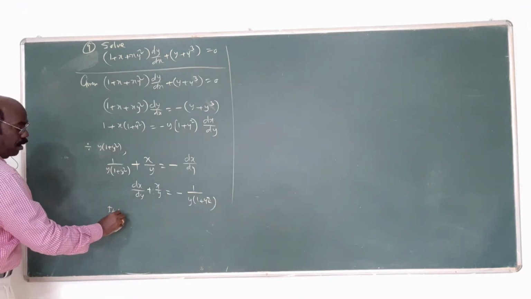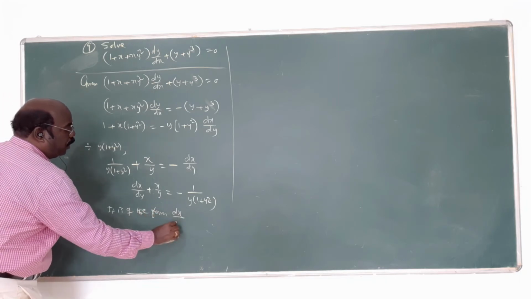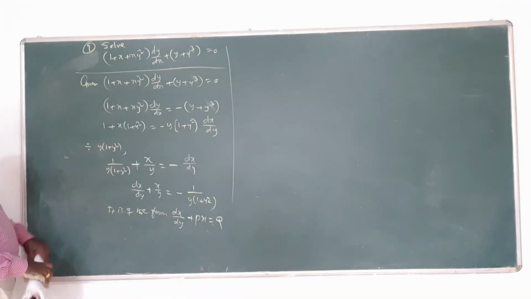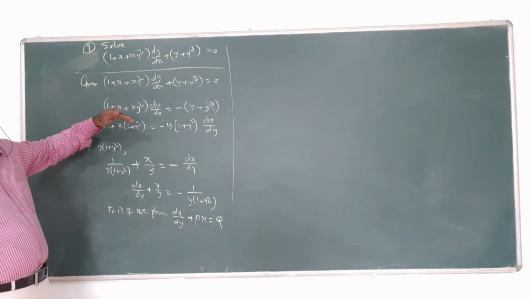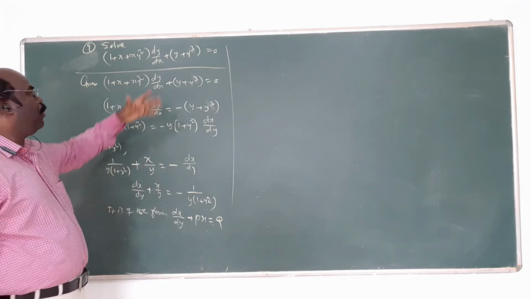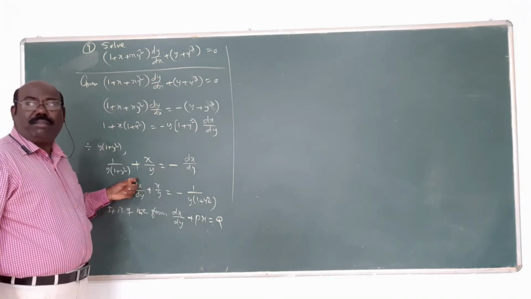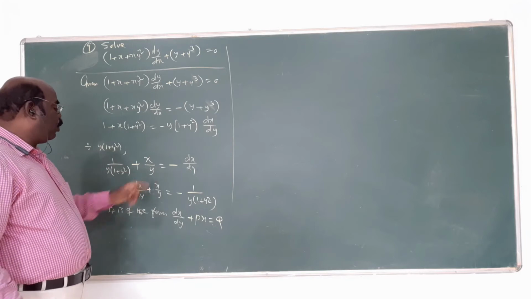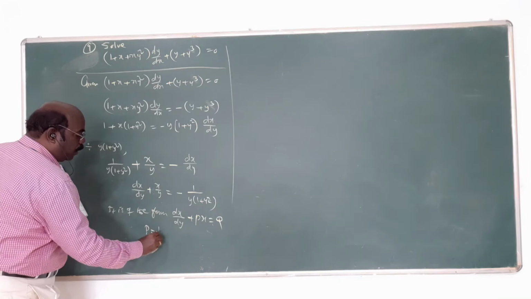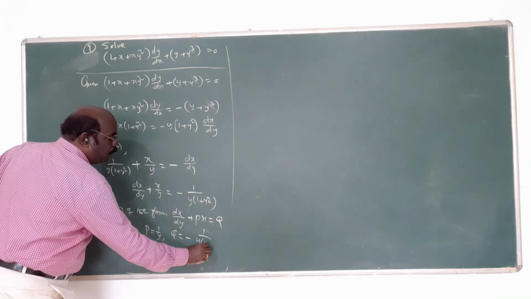It is of the form dx by dy plus px equal to q. Because for the form dy by dx plus py equal to q, only y is involved. On simplification, only x is involved. The question is of the form dx by dy, so x only is involved. That's why p equal to the coefficient of x, 1 by y. q equal to what? Minus 1 by y into 1 plus y square.